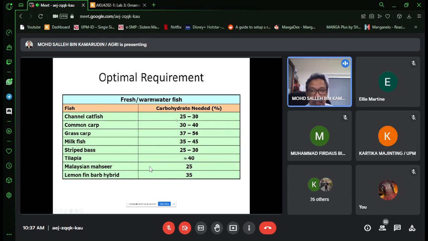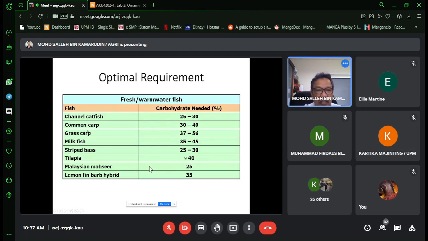Kalau channel catfish dalam ini bukan optimal requirement, optimal utilization sebenarnya. Kalau lebih daripada ni dah ikan tu punya growth will be, what do you call it, suppress. Kalau kurang pun dia suppress juga. So this is quite optimal utilization level dia.